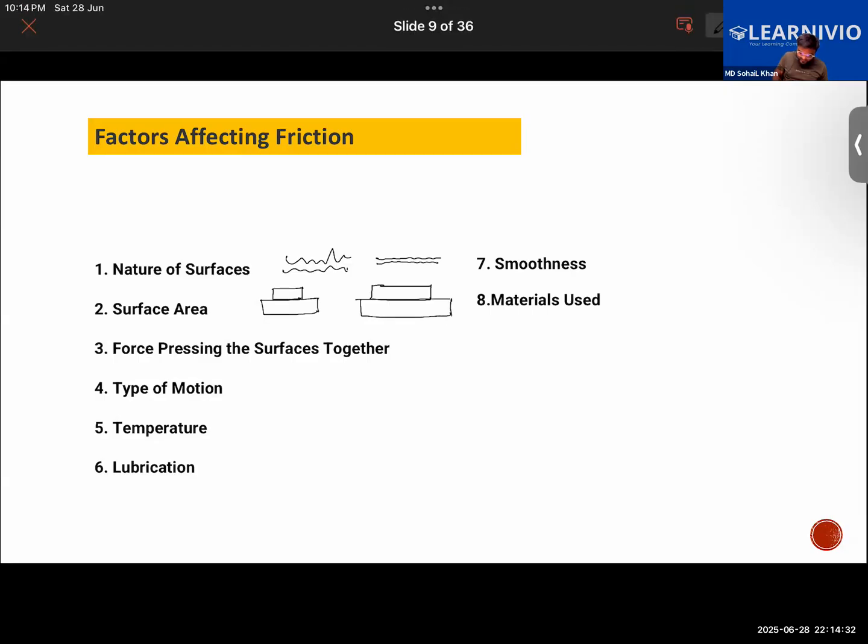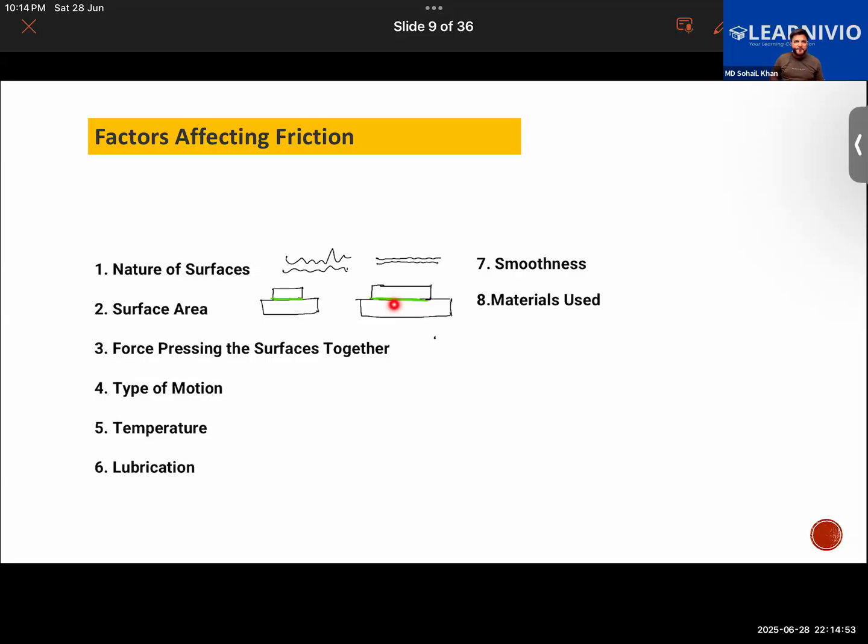Clearly, in the first case there's less area in contact, but in the second case there's more area in contact. Since the surface area in contact is more, there'll be more friction in this case.